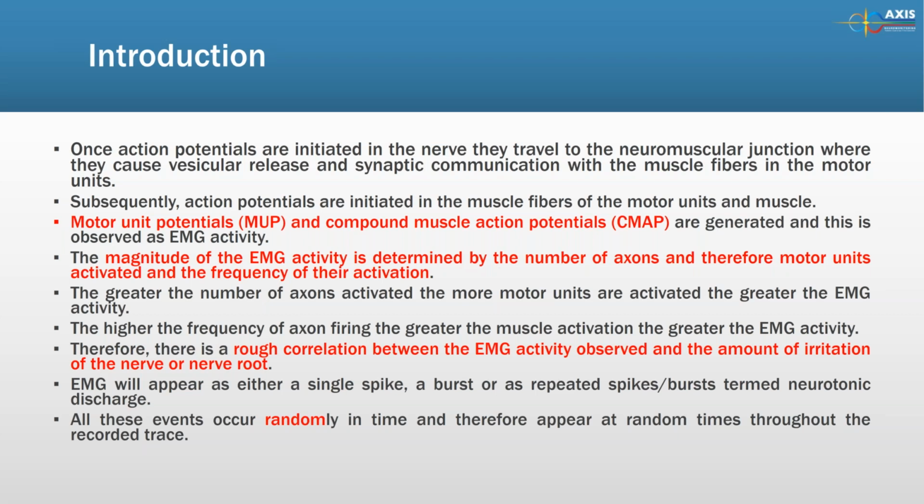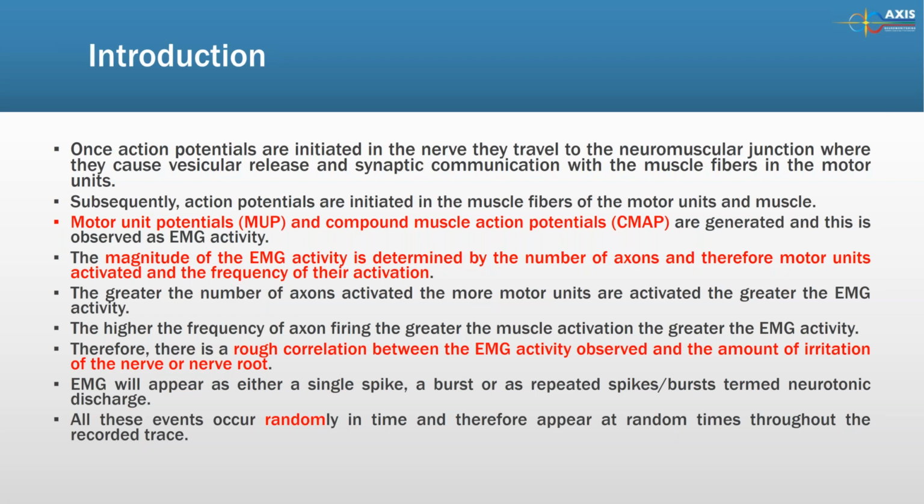Motor unit potentials, MUPs, and compound muscle action potentials, CMAPs, are generated, and this is observed as EMG activity. So when the nerve is irritated or stimulated, the vesicles are released in the synaptic cleft, and they act on the muscle fibers and cause motor unit potentials and compound muscle action potentials.